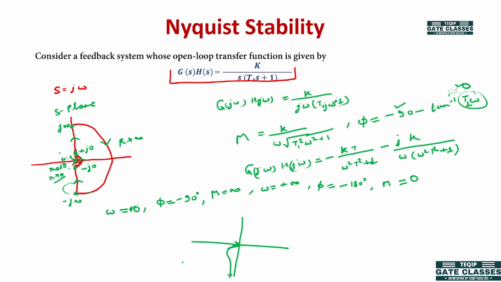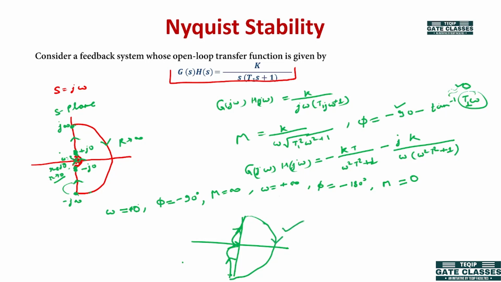Similarly for this part, right now we have drawn the plot for this part, and now if we draw for this part, this would be the mirror image of this plot. So we will get this curve, and for this, r tends to infinity, we will get these directions, and the direction of the curve would be like this.